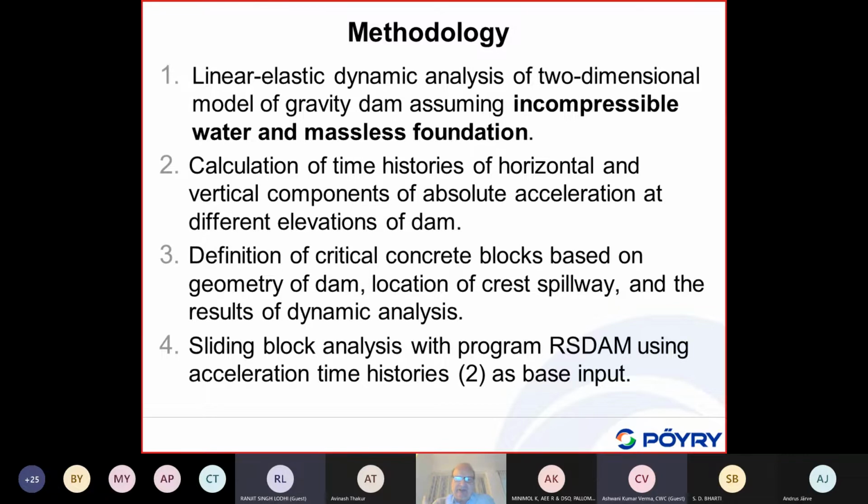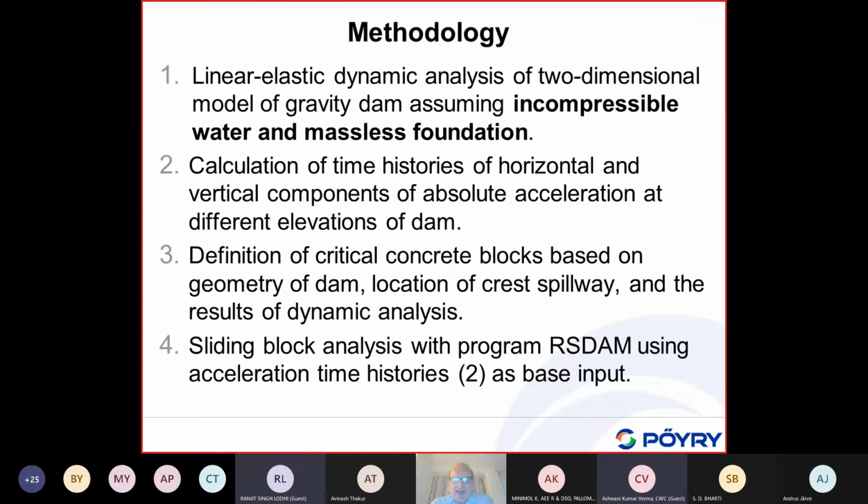For a gravity dam, you assume a plane stress condition in the dam body, and a plane strain condition in the foundation. Okay, this is just for those who do a two-dimensional finite element analysis.